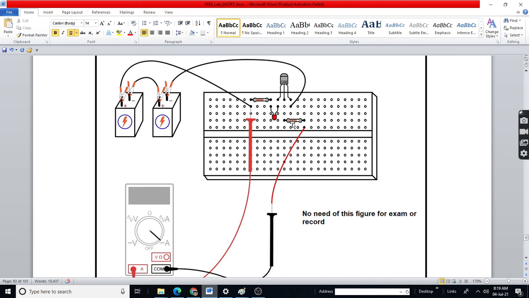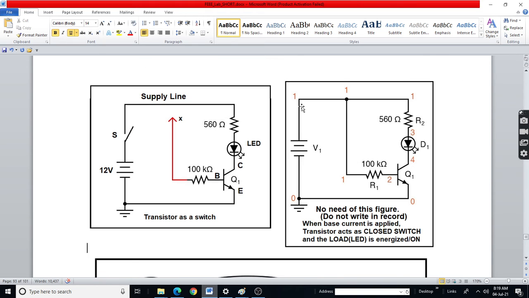So the resistance is separate because it is connected to the middle one. So resistance terminal is connected here. LED gets connected here. 1, 2, 3. All these are the same. More of this you will understand in the class. You understand this circuit.